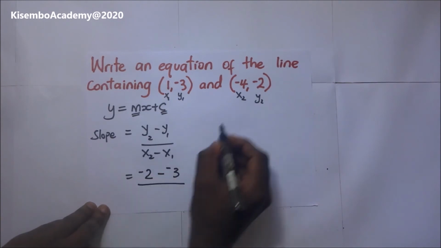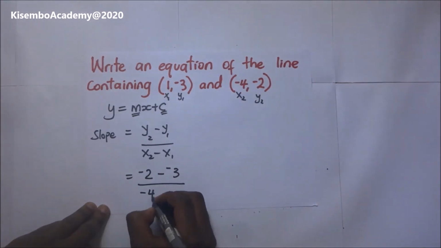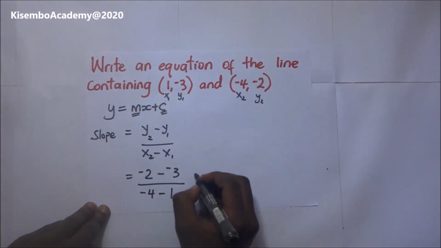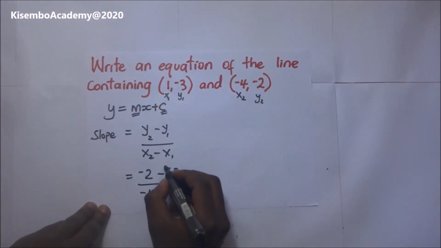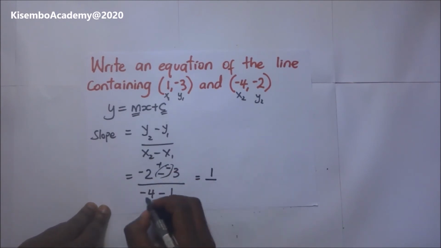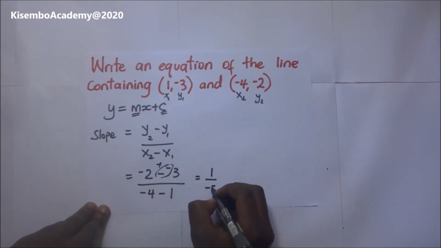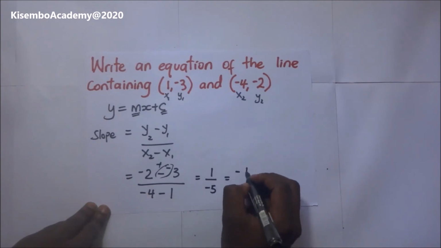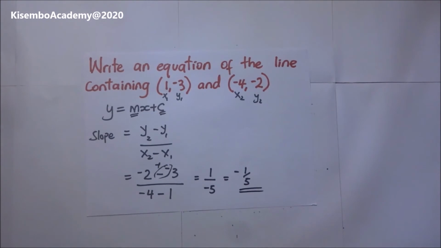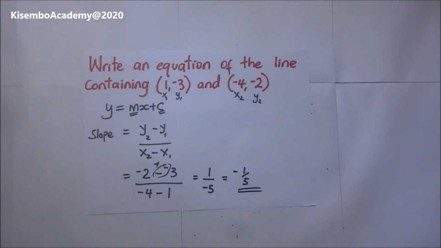Divide that by our x2, which is -4, minus our x1, which is 1. And there this gives us a plus, 2 plus 3 is 5. Divide that by -4 minus 1 is -5. So our answer is -1 over 5 right there.